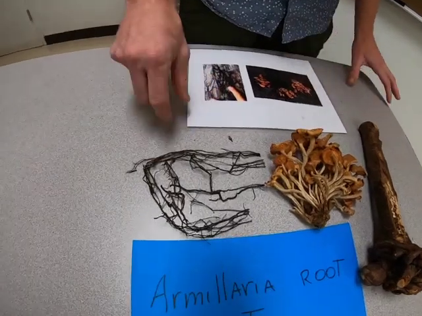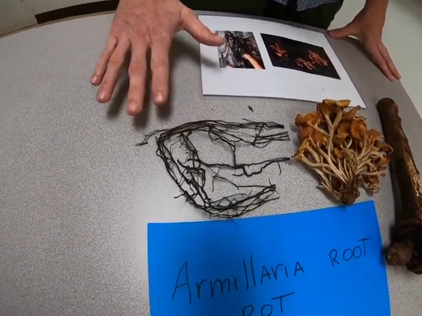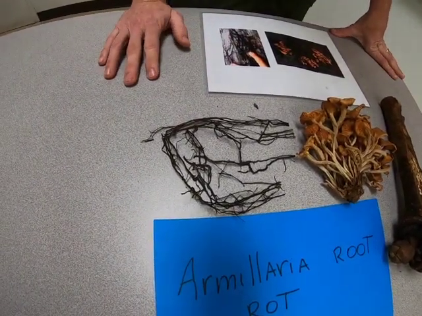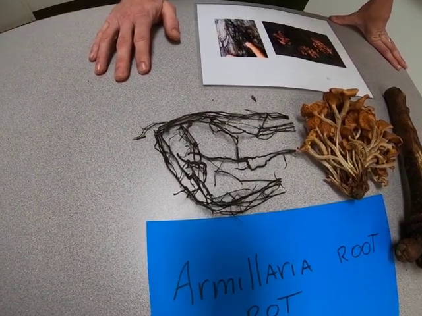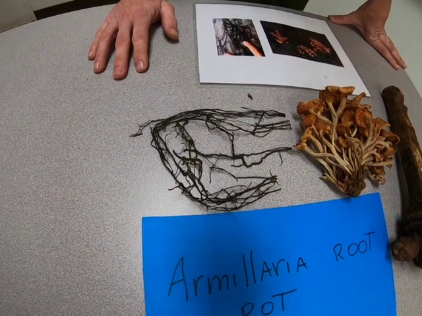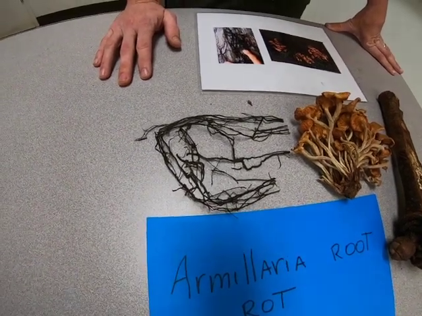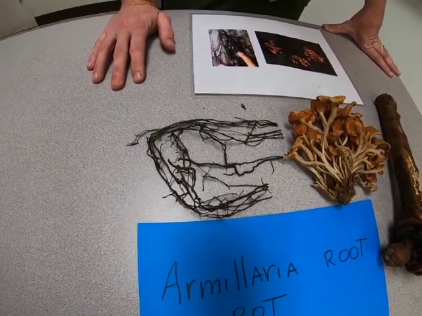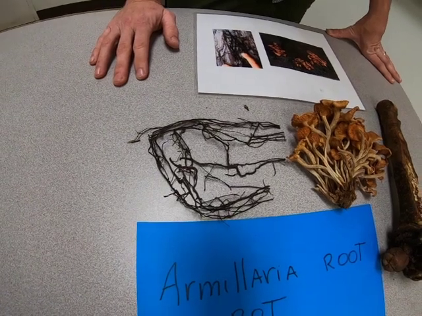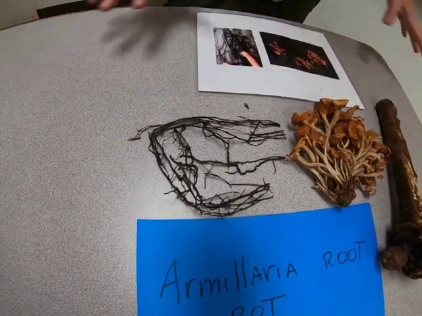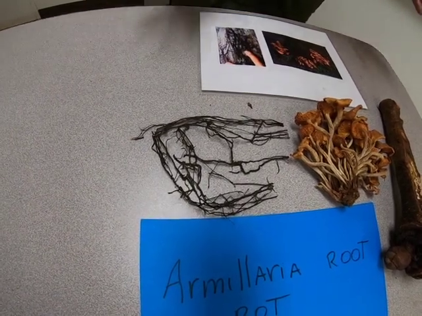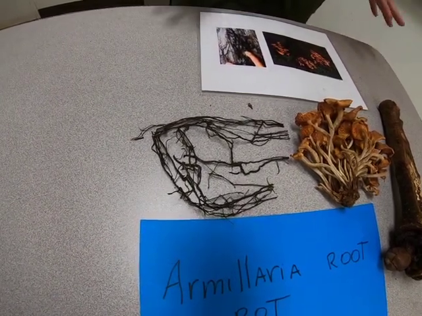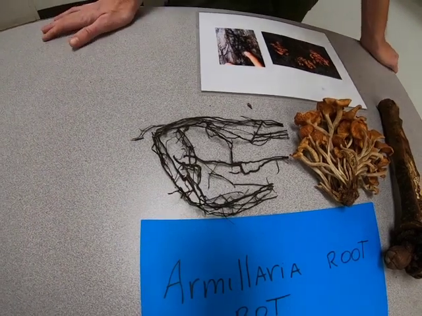These rhizomorphs are thread-like structures that are actually quite thick and large compared to other vegetative structures of the fungus. Fungi produce what are called hyphae, and together we call that the mycelium, the thread-like body of the fungus that allows it to colonize and interact with its environment.